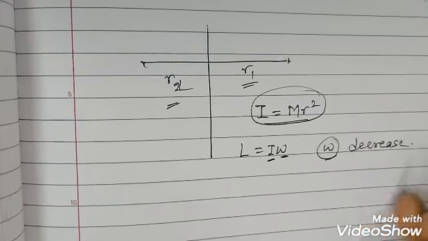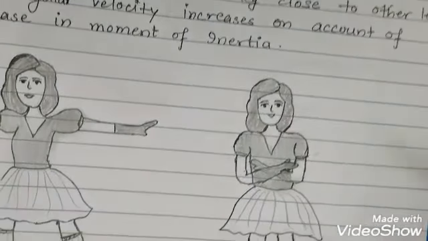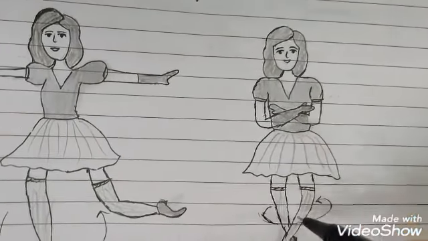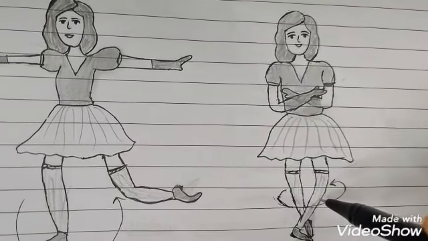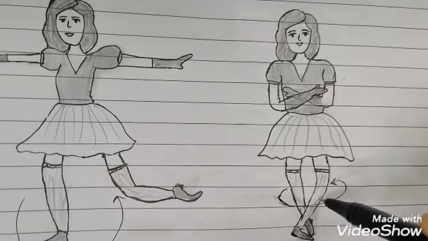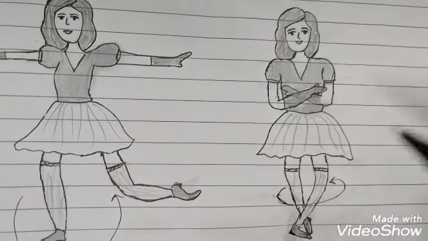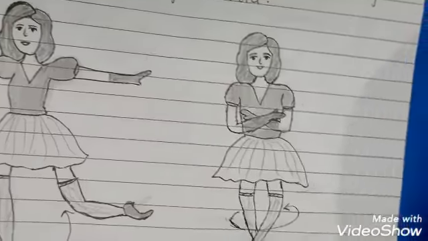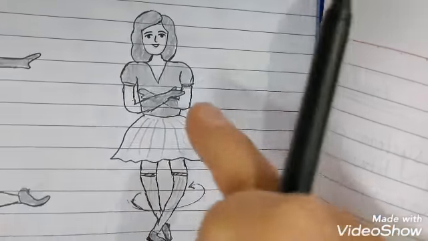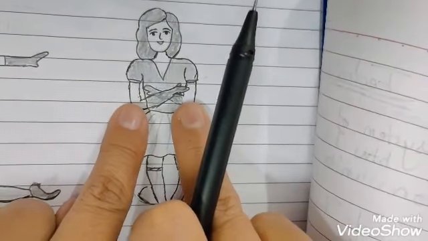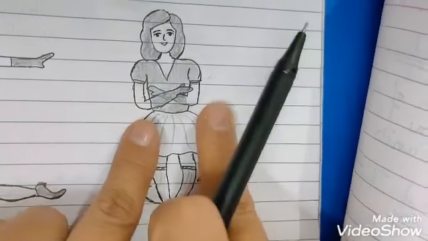And what happens when she folds her arms like this and brings her leg close to the other leg? The angular velocity increases on account of a decrease in moment of inertia. So in such a situation, from the rotational axis the distribution of the mass will decrease, and r will decrease.